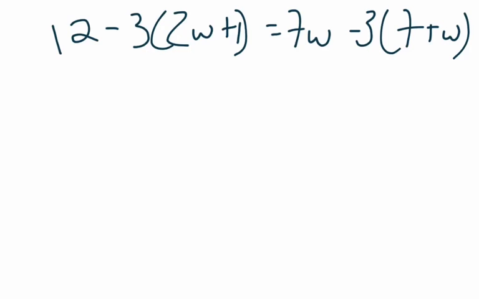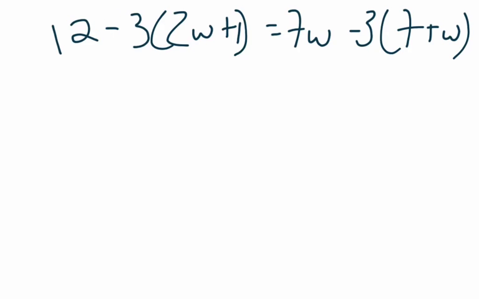Now, before you go ahead and distribute, I want to point something out. This is what my Algebra 1 teacher, where he made us write plus negative, where he helped us avoid a mistake. When you are distributing here, you're not distributing a 3. You are distributing a negative 3 because you are subtracting this entire chunk of stuff that is all grouped together.